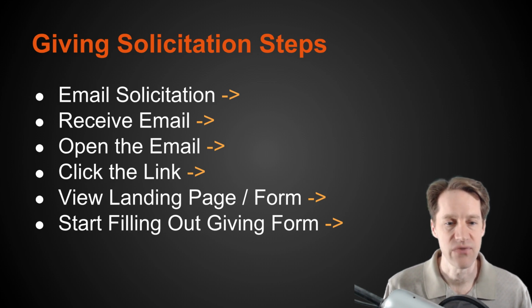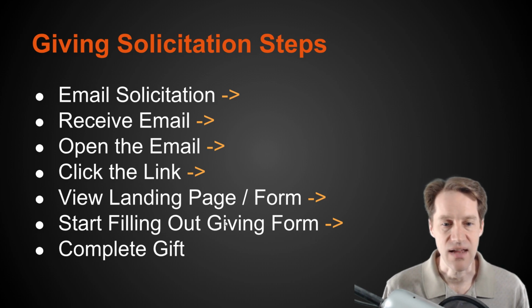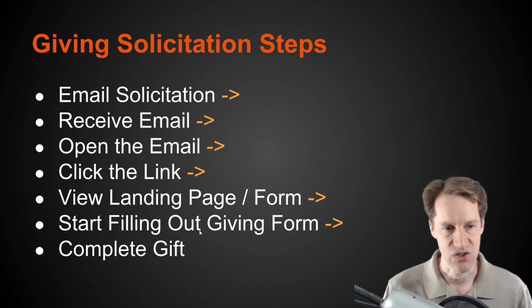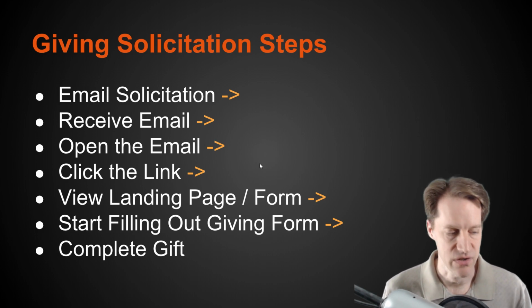So they need to start filling out the giving form. And then even once they start filling out the giving form, they actually have to complete a gift. So, there are some people that start a gift, but they don't complete it. So all of these steps or processes that you would look to when you're thinking about conversion rate optimization, because there's a percentage that happens on each step, and you want to increase the percentage of people that are flowing through in each of these steps to increase the number of people who are making gifts to your institution.